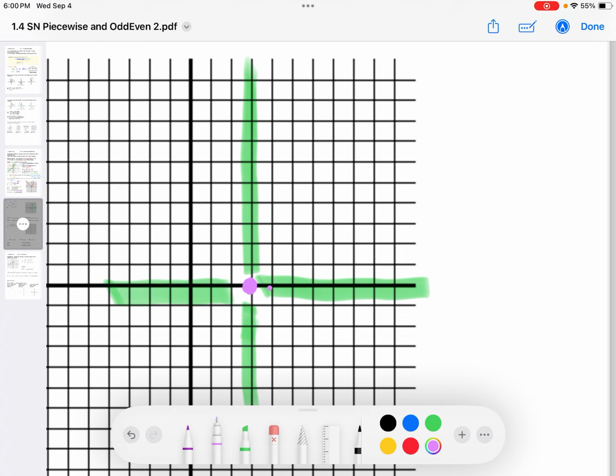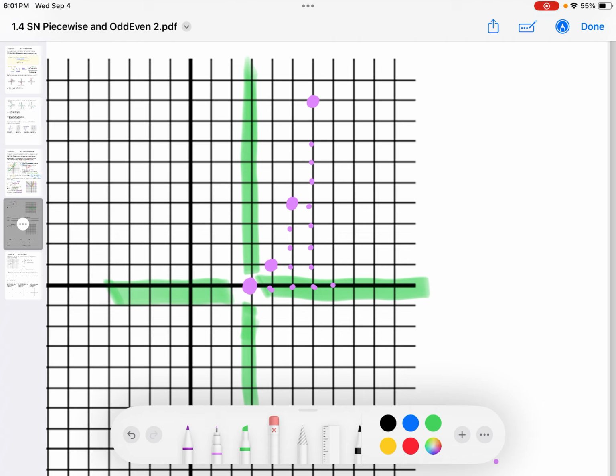So if we go across 1, up 1, 1 squared is 1. If we go across 2, 2 squared is 4. So we go up 1, 2, 3, 4. Across 3, 3 squared is 9. Up 9. If we were to go across 4, 4 squared is 16. 16 won't fit on the graph.